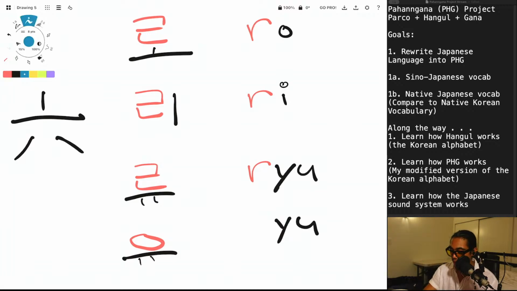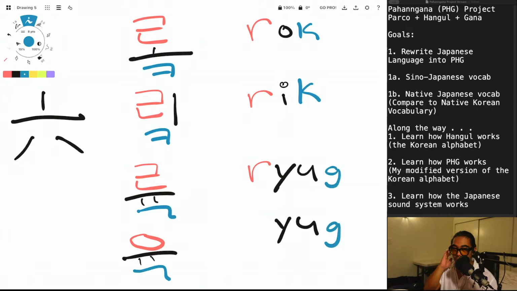Okay, and then we're gonna have a K, another K. This one is going to be a G, and this is also going to be a G. But one thing to note is that this romanization is not a 100% accurate representation of how we pronounce things in Korean. It's not Ryug or Yug, it's Ryuk, Yuk. And Roku. There we go. So that is the character for 6. Roku, Riku, Ryuk, Yuk.